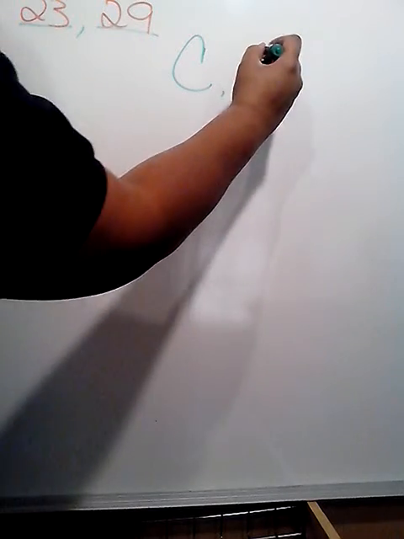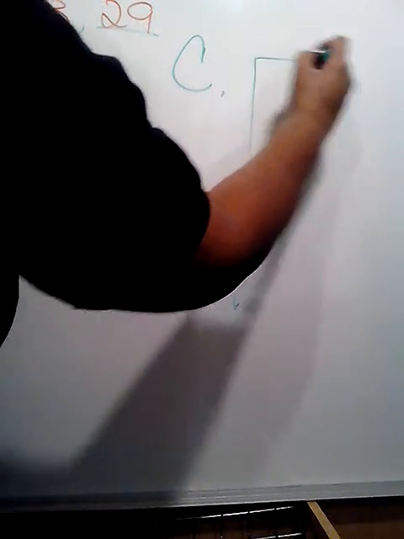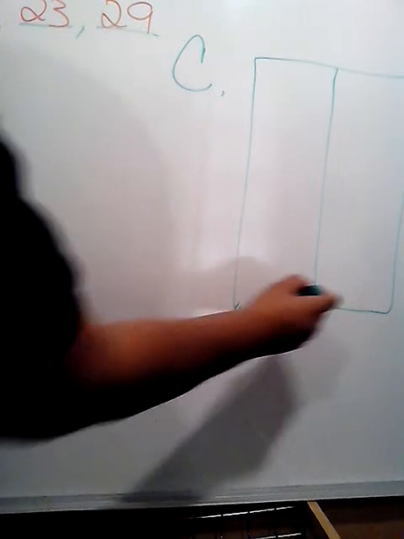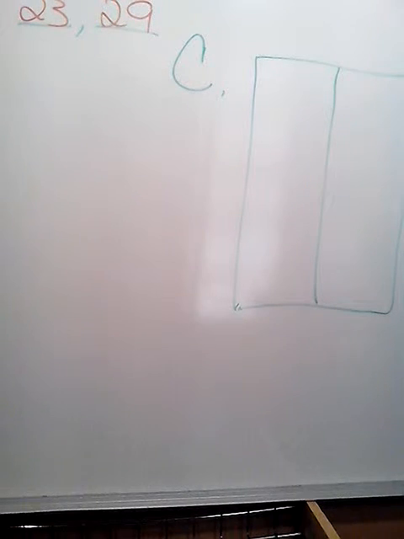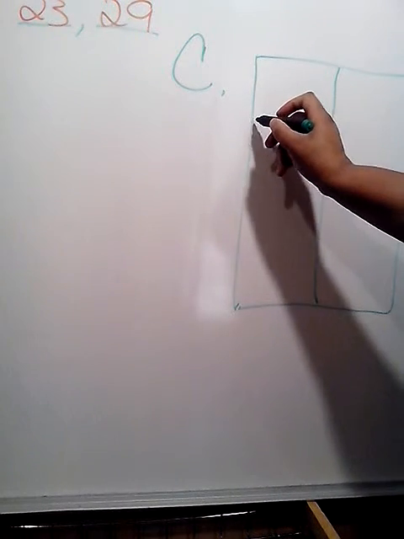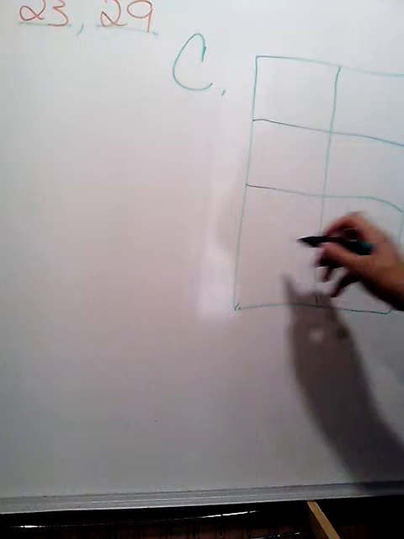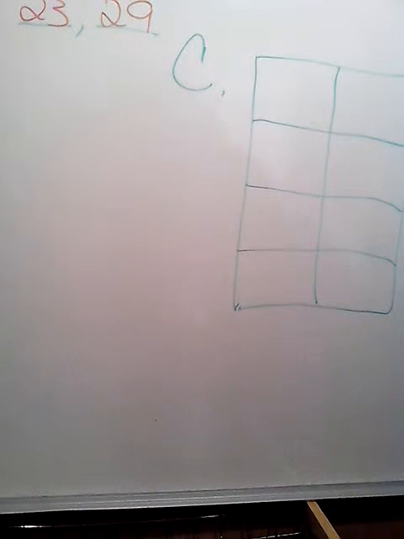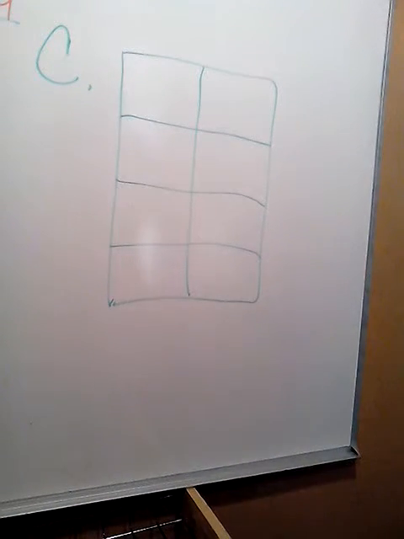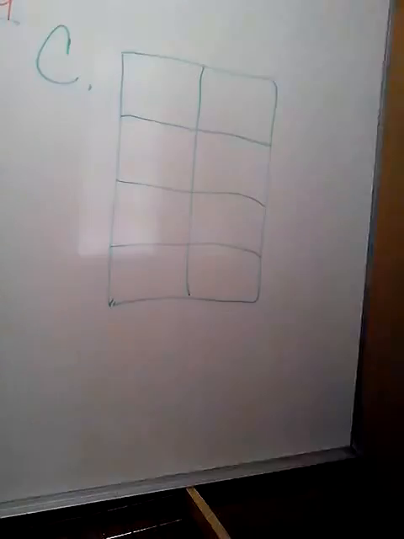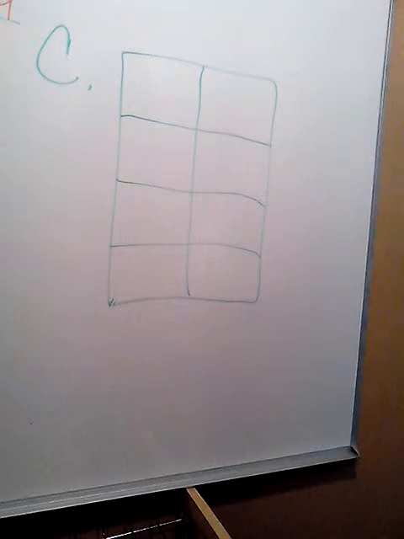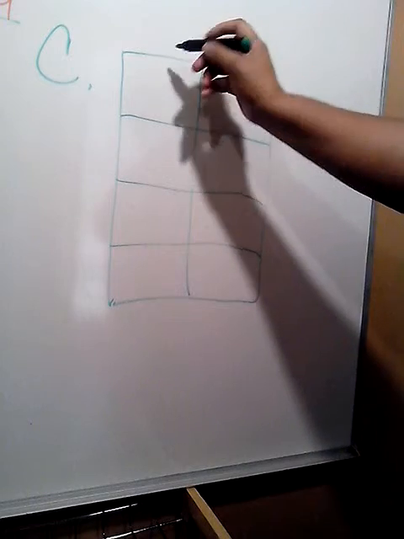Say I gave you, and just because it looks different does not mean it's not a sequence, say I gave you a table. Okay, this is an in and out table.